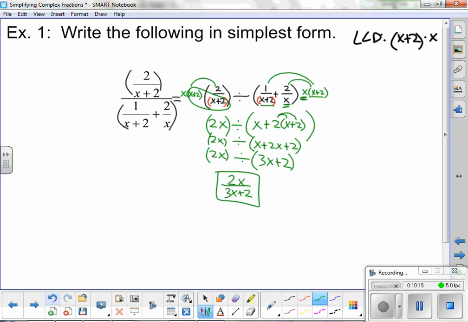What we're actually doing here, with my classes, I always teach the fancy ones. So when you multiply out by the LCD, hopefully some of you guys are thinking, well, how are you able to just multiply both of those by an x times x plus 2? I mean, you just decided to do that. The reason why is because this stuff over here, that's numerator and denominator stuff.